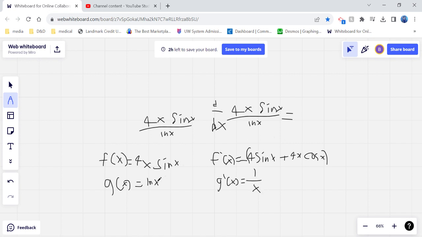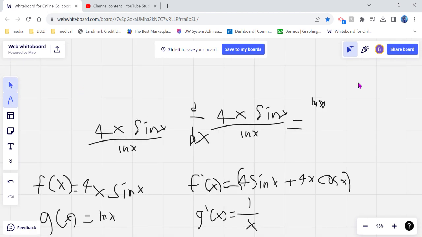So now let's go through this. We have low d high, which is this f prime function. I cannot write an x for the life of me.